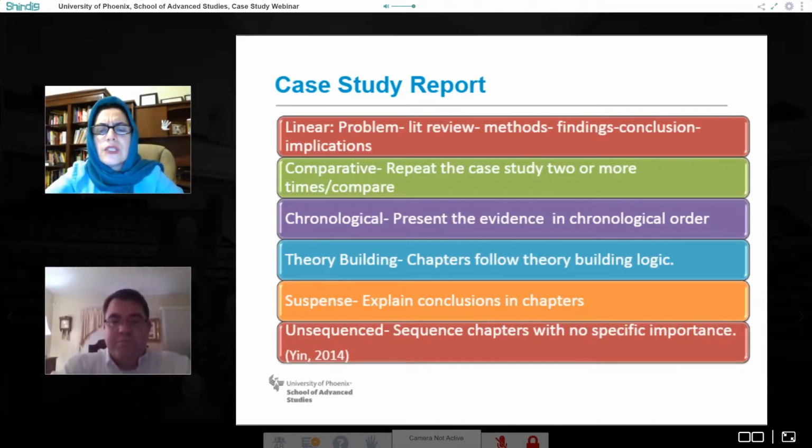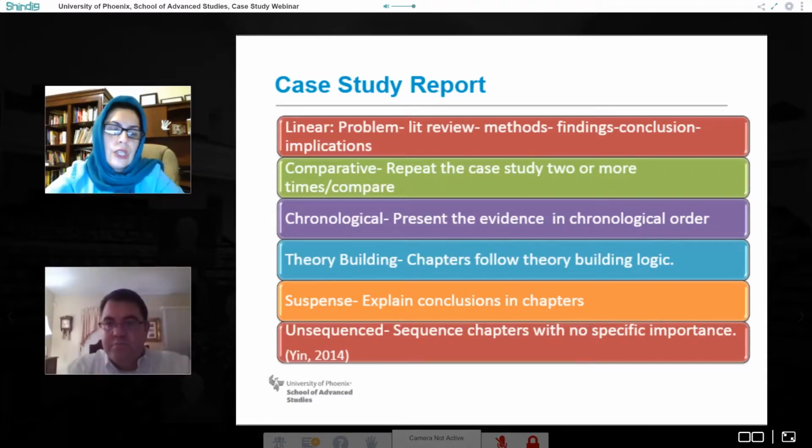And the last one is just providing information without any specific order related to importance. But again, to me, perhaps the other structures are more useful if you want to put together a case study report.